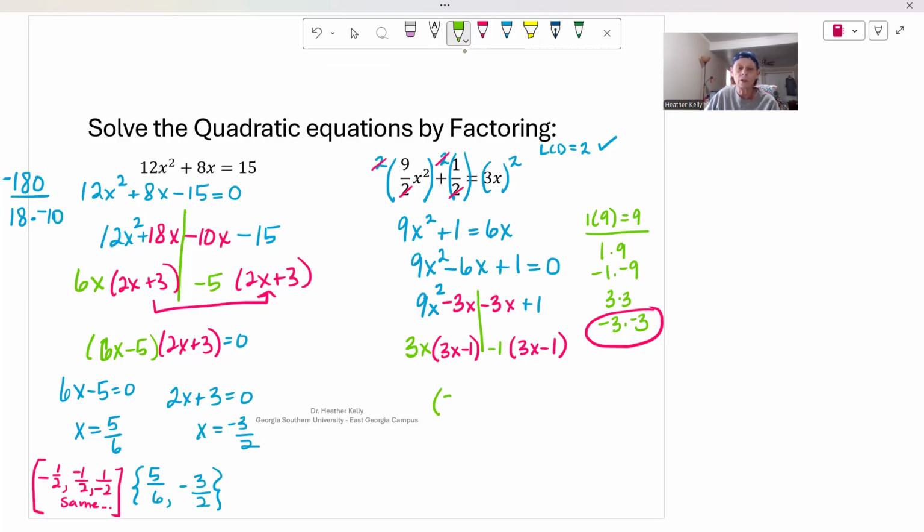So our factors here are 3x minus 1 and 3x minus 1. All right, so that is a situation where even though it's a square and there are two answers, the two answers actually turn out to be the same.